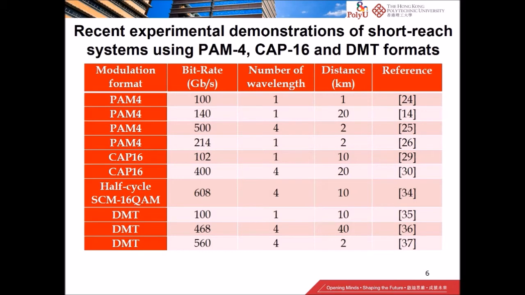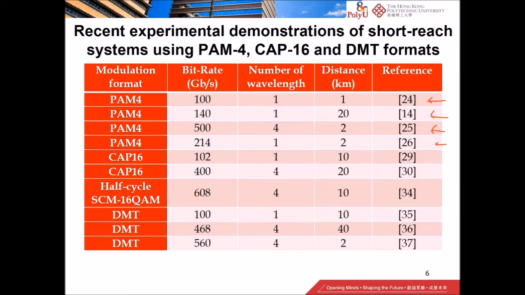I think the first demonstration of PAM4 at 100 gig was given by a group from DTU, and then we ourselves have performed some of these PAM4 experiments as well, at like 140 gig, and also a WDM transmission. I think it's the group from NTT that demonstrated one of the highest speed, 214 gigabit per second PAM4 transmissions, I think at OFC 2016.